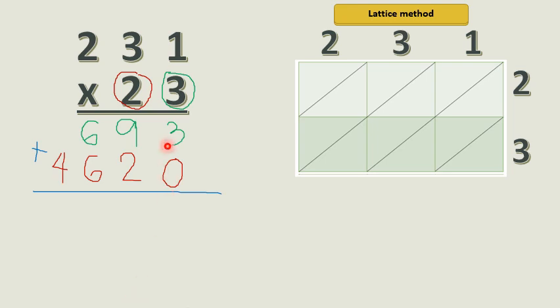So 3 plus 0 is 3. 9 plus 2 is 11, so carry 1 dito. 6 plus 6 is 12, plus 1 is 13. Carry 1, so 4 plus 1 is 5. So, ang answer daw natin is 5,313. So, yun ang number of coconuts na ma-deliver ni Mr. COVID and his co-workers in 23 days.